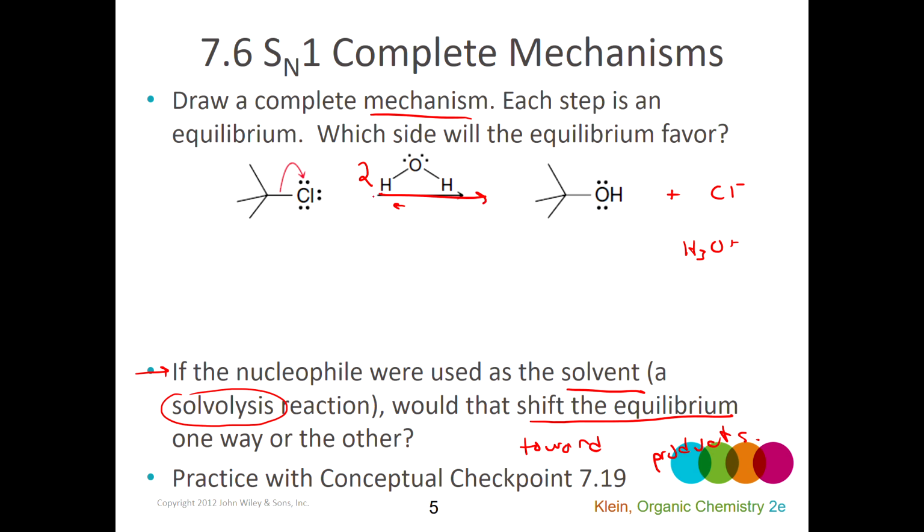And so I'm using it as a solvent for two reasons. Thermodynamically, because it's a reactant, adding excess of it will shift the equilibrium toward the product side. And kinetically, because it has to collide in the slow step, let me take that back. It's not colliding in the slow step.